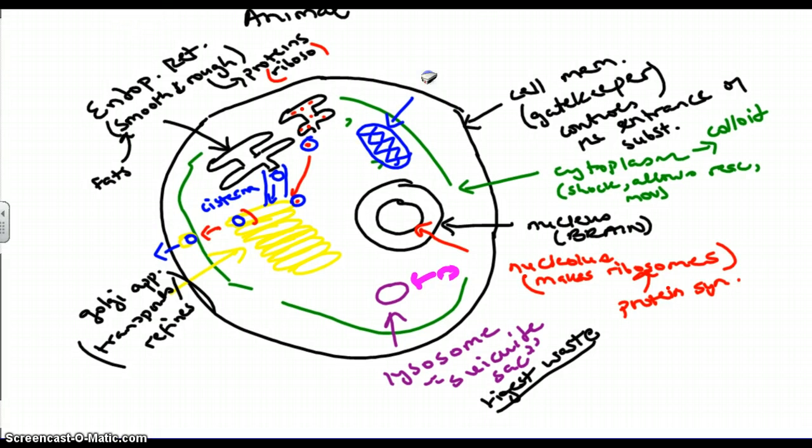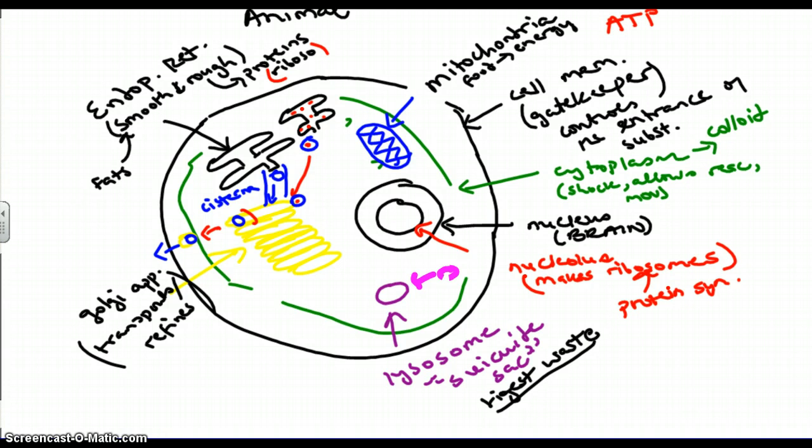The mitochondria is used to convert what the cell has into energy. It converts food into usable energy for the cell, and the energy for the cell is known as ATP.